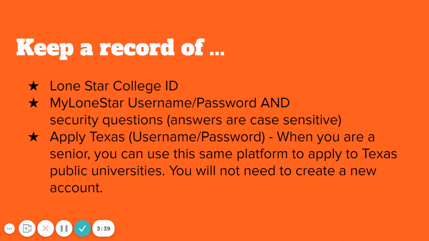You're going to need it when you are paying for your classes or when you're going to look things up. That My Lone Star account, you're going to use when you pay for your classes, or if you want to look up your courses or your grades for your Lone Star classes. So make sure you keep up with all of those. And Apply Texas, just like I said earlier, you're going to use that when you apply to college as a senior. You don't have to create a new account. So make sure that you write those down.